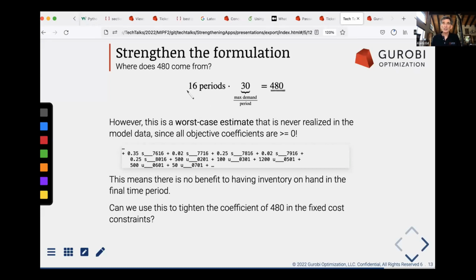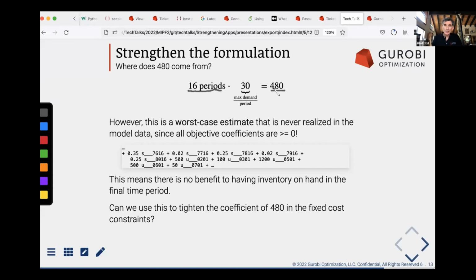And if we think about it, we have 16 periods in the model. And if you look at the individual production data in the model, you find that the maximum demand that ever shows up in a single time period for any product is 30. So 16 times 30 is 480.